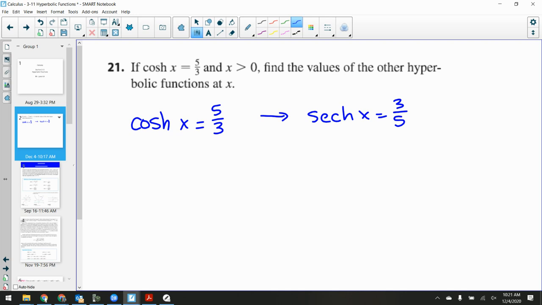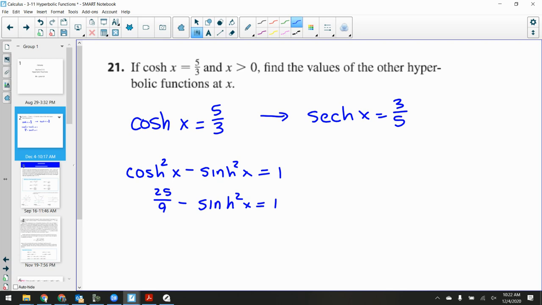One thing that we know is that hyperbolic cosine squared of x minus hyperbolic sine squared of x is equal to 1, right? That's one of our identities that we know. So we can say this: 25 over 9 minus hyperbolic sine squared is 1.